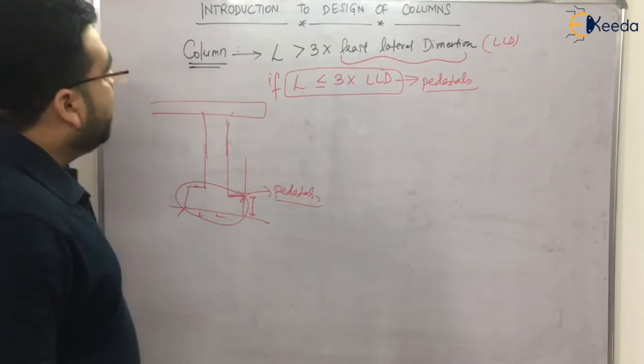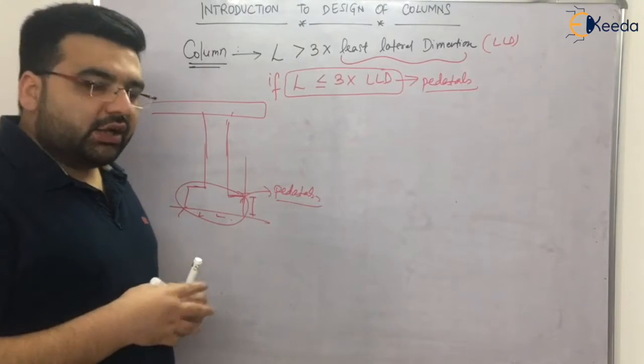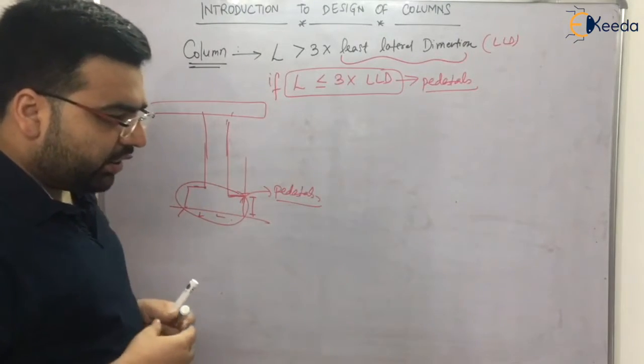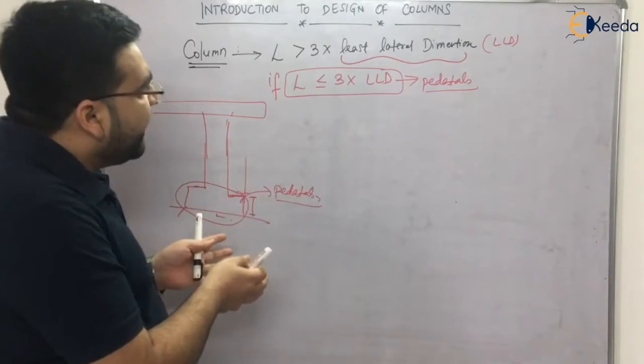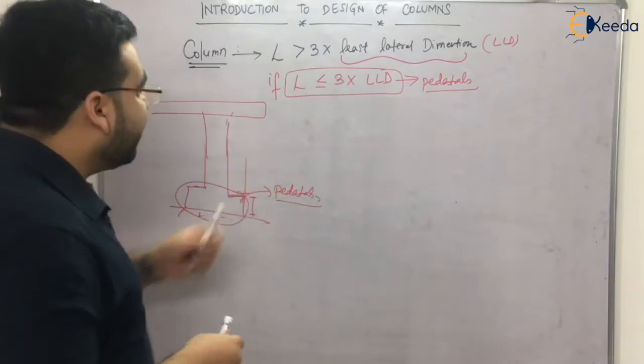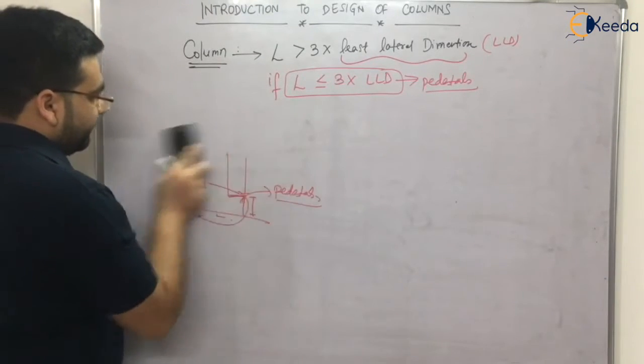Clear? Now the columns are actually of two types, but basically what we will be designing is for two types. So first of all, let me tell you about the types of columns.